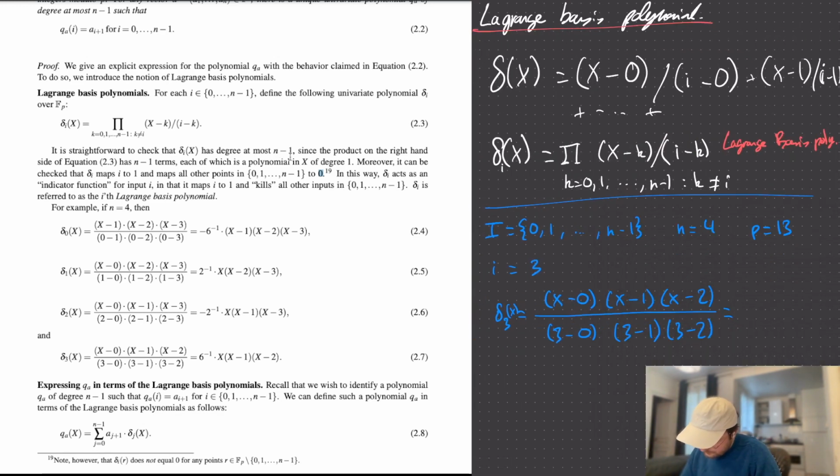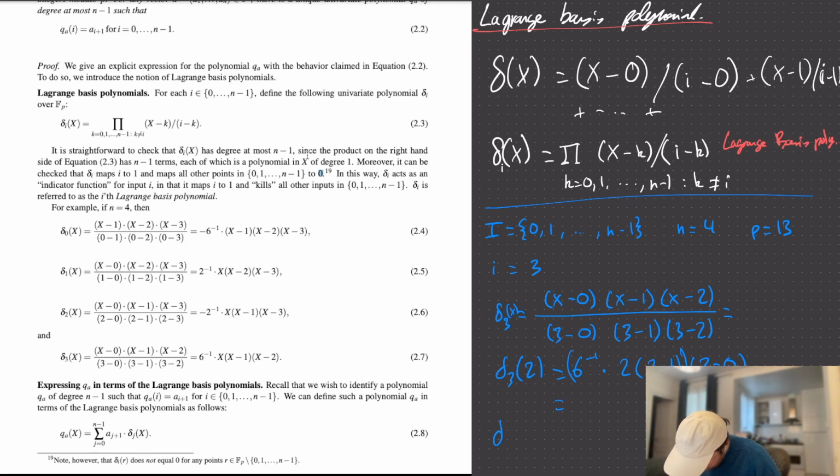Delta 3 of 2 equals 6 minus 1 times 2 times 2 minus 1 times 2 minus 2, which is 0. Yeah, because this is 0, so this is this times 0, so it's 0. Okay, so this is 0, for sure.